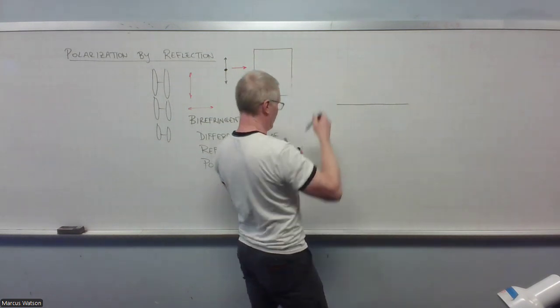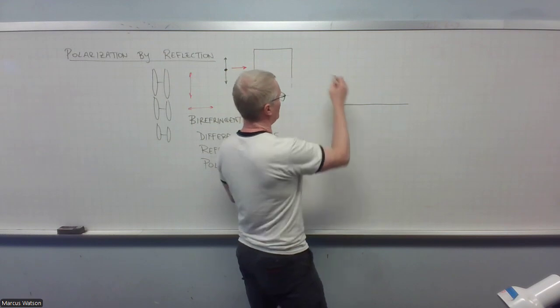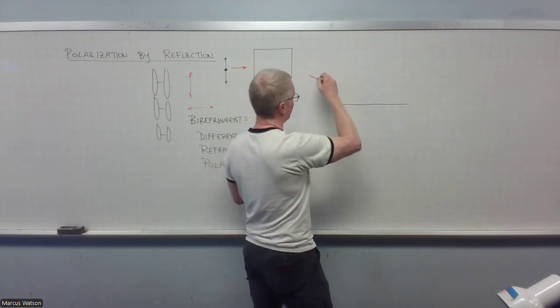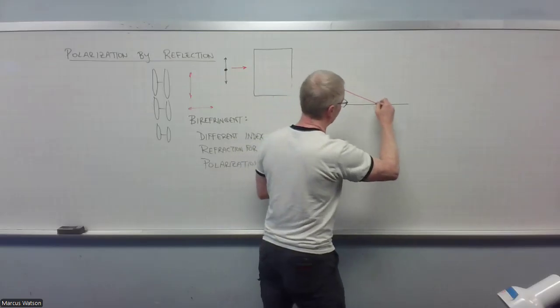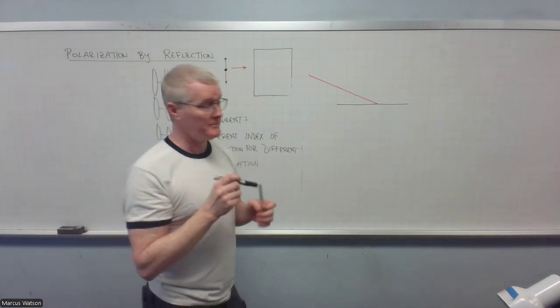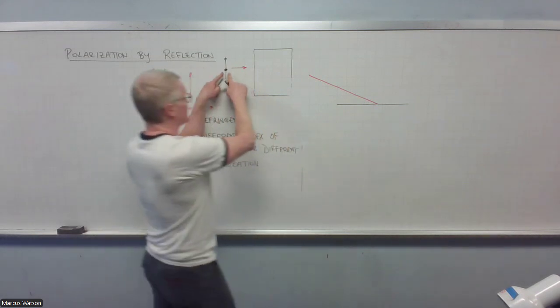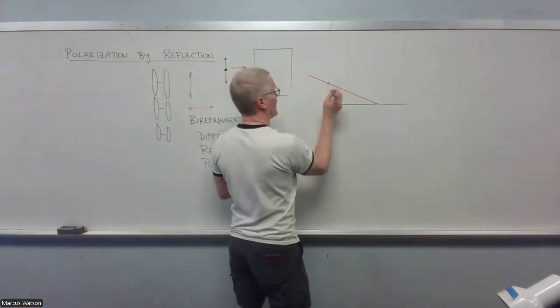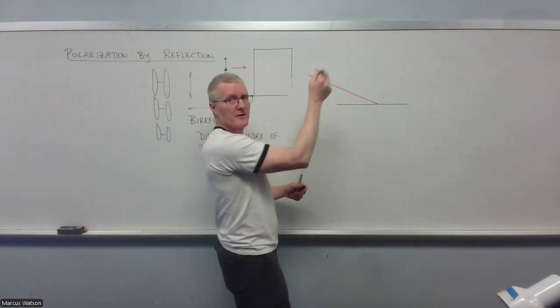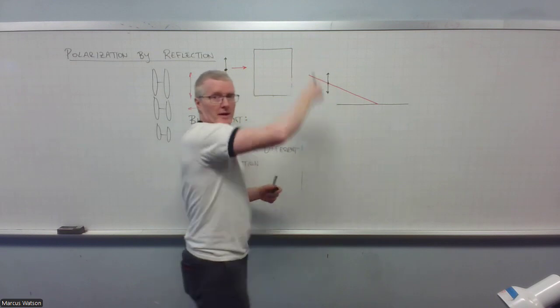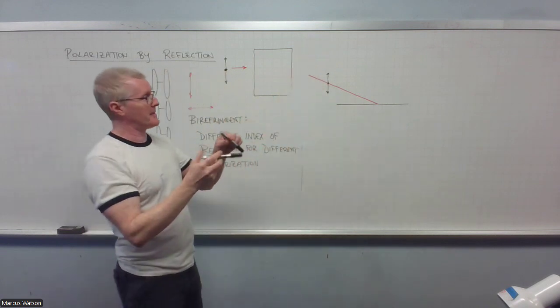and I have a light ray coming in like this, and it's unpolarized, that means I'm going to draw the same type of situation here, where I have an electric field vector bouncing back and forth this way, and an electric field vector bouncing back and forth this way. So it's the same idea as before.